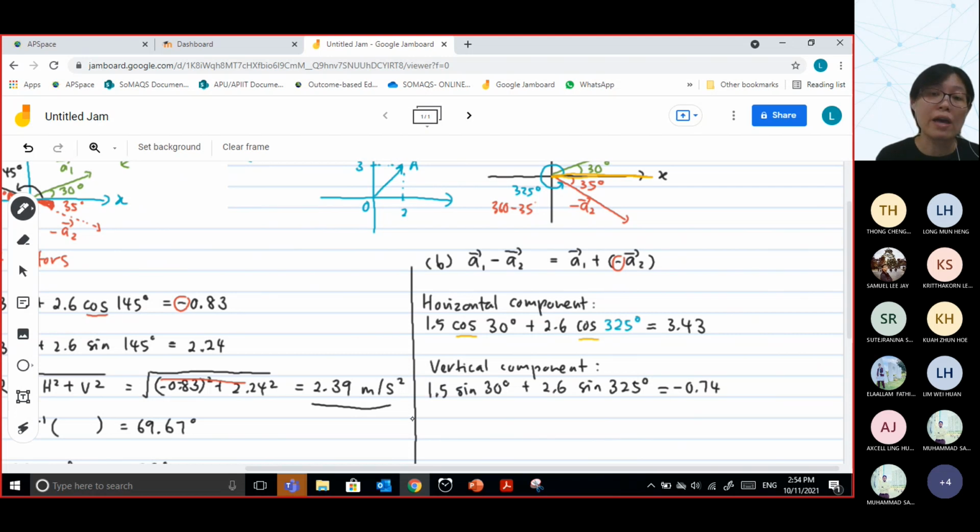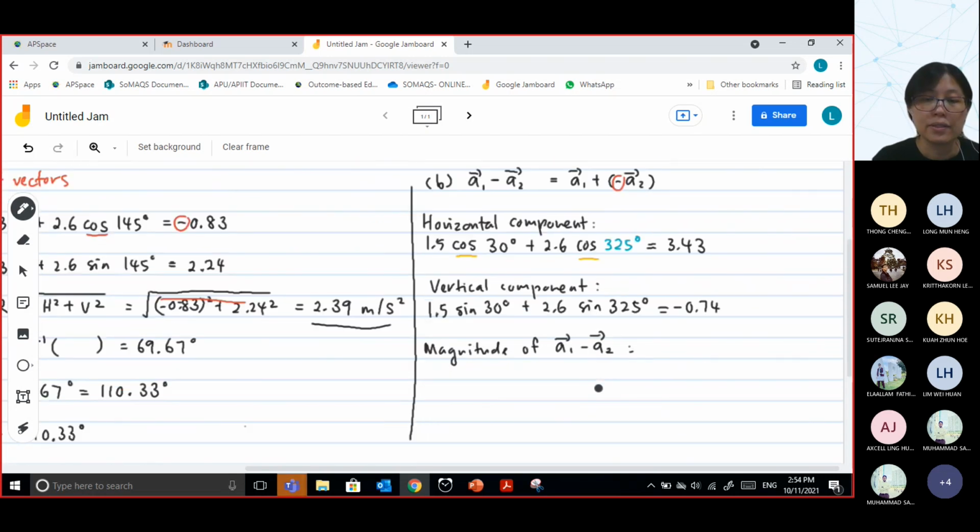Okay, so now we have horizontal and vertical. What is the next? We need to find the magnitude of A1 minus vector A2.